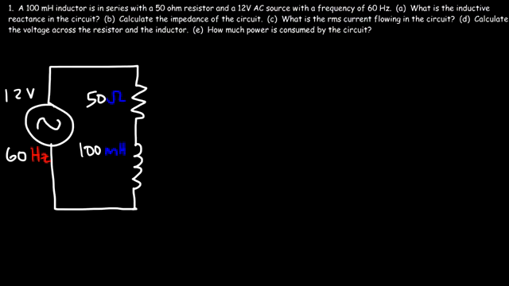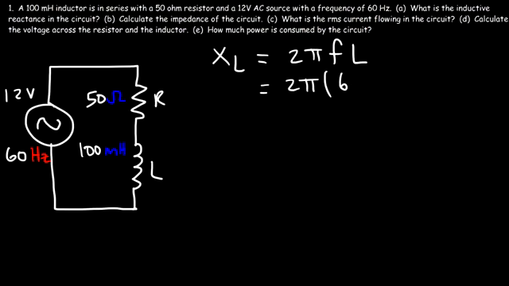So let's start by calculating the inductive reactance in a circuit. The inductive reactance tells us how much the inductor opposes an AC signal. It's equal to 2 pi FL, where F is the frequency, L is the inductor. The frequency in this example is 60 Hz.